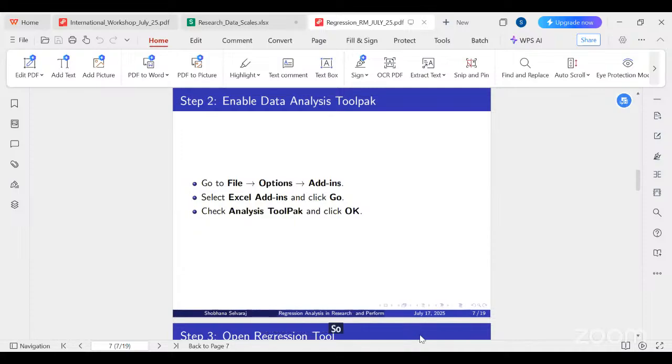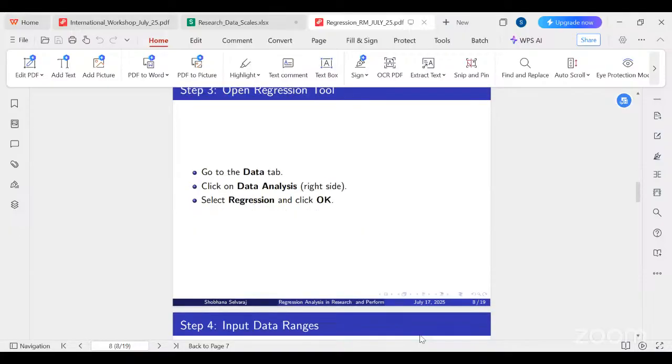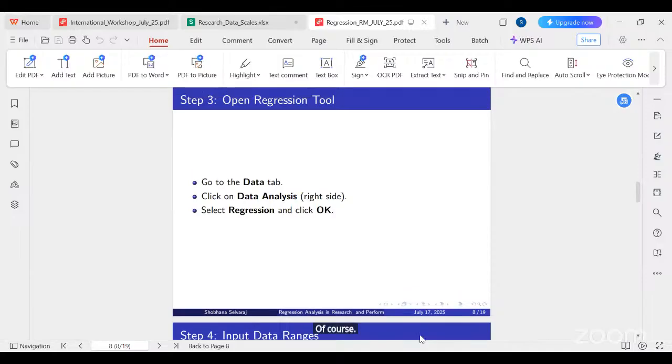By following this process, you can enable the data analysis toolpack. Once it is enabled, you can go to the data tab, and on the right side you can find the data analysis, and from that we can use the regression option to perform the analysis.